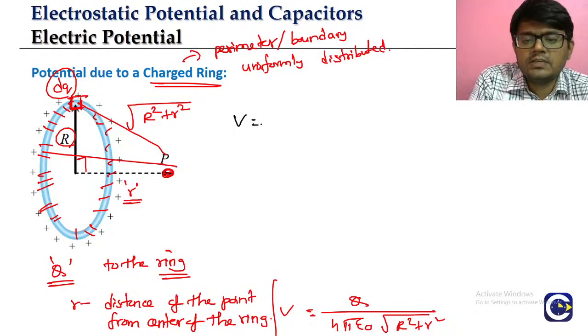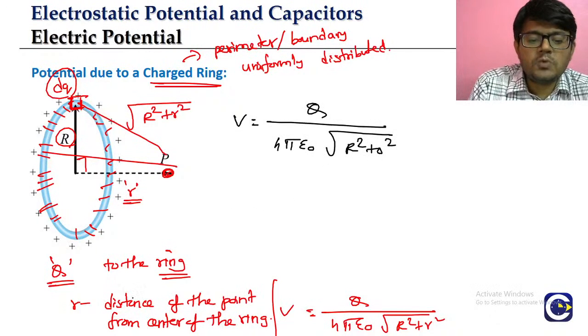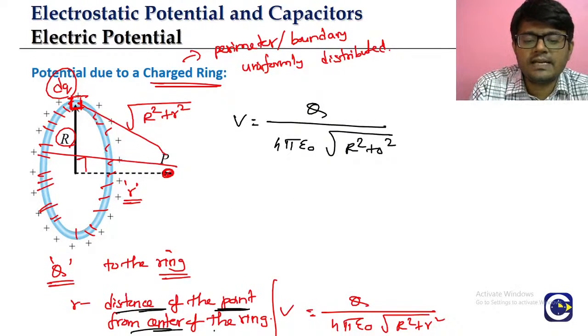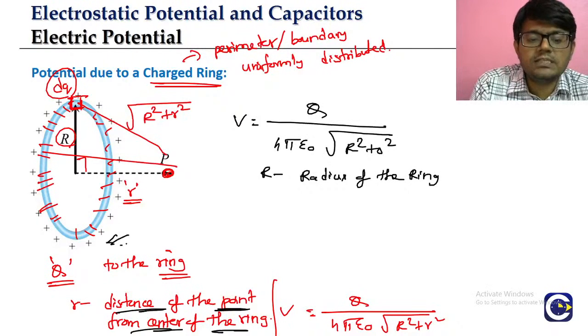The potential formula is Q by 4 pi epsilon naught into root of capital R square plus small r square. Small r is the distance of the point from the center of the ring, capital R is the radius of the ring, and Q is the charge given to the ring.